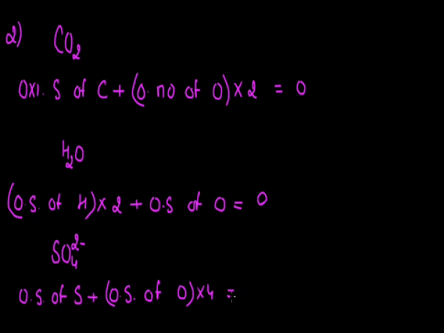It will be equal to the total charge present on this radical, and that is -2. So these are the equations that we can make according to this rule, and these equations will help us to identify the oxidation state of any element with the help of the other one when we will be dealing with the further part of this.